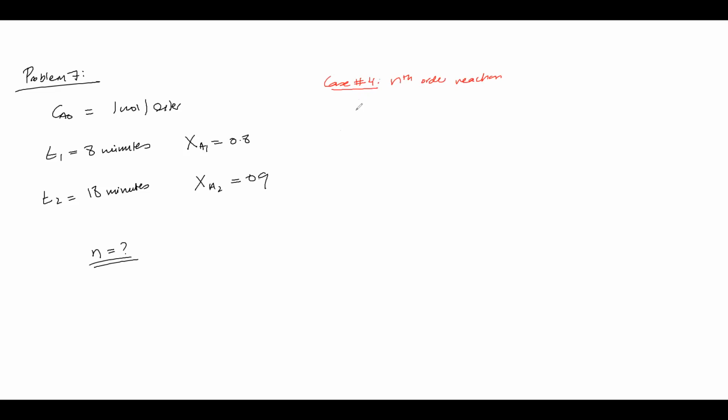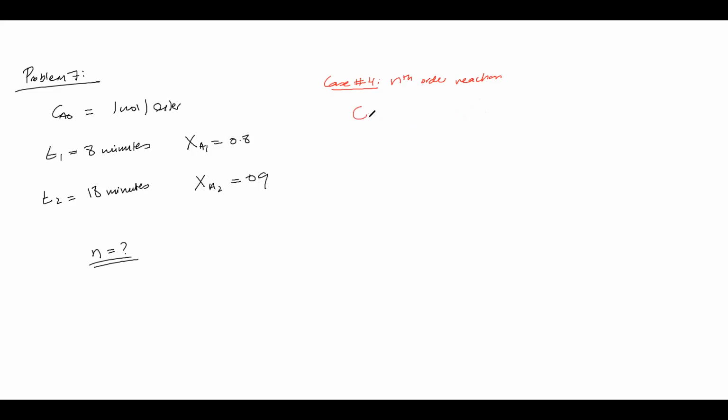And we said the governing equation for these types of problems is CA naught to the 1 minus n, into 1 minus XA to the 1 minus n. Or, let me rewrite this. You can derive this actually. Let me write just the initial form and the final form.